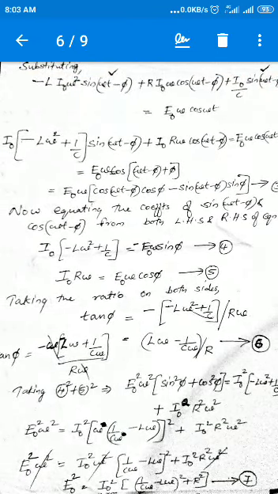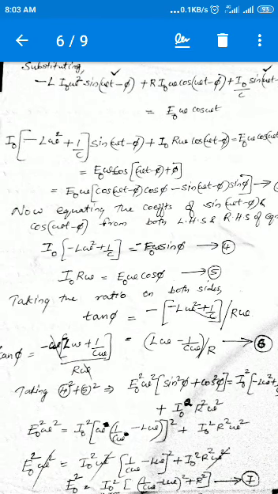All the terms contain ω², so we can cancel ω² from all the terms. The left-hand side will have only E0², which is equal to I0² times [(1/(Cω) − Lω)² + R²], taking I0² out as a common factor. So we got equation 7.